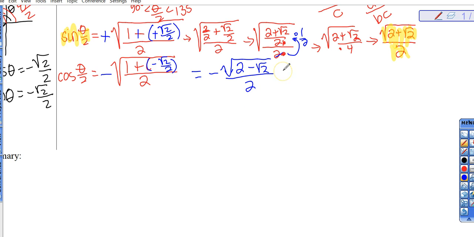Because all that intermediate work is the same, it's just there's a minus sign between the values instead of the plus sign. So, of course, you can work through it if you need to, but there's your exact value there. It's the same work, it's just a minus in between the values instead of a plus.